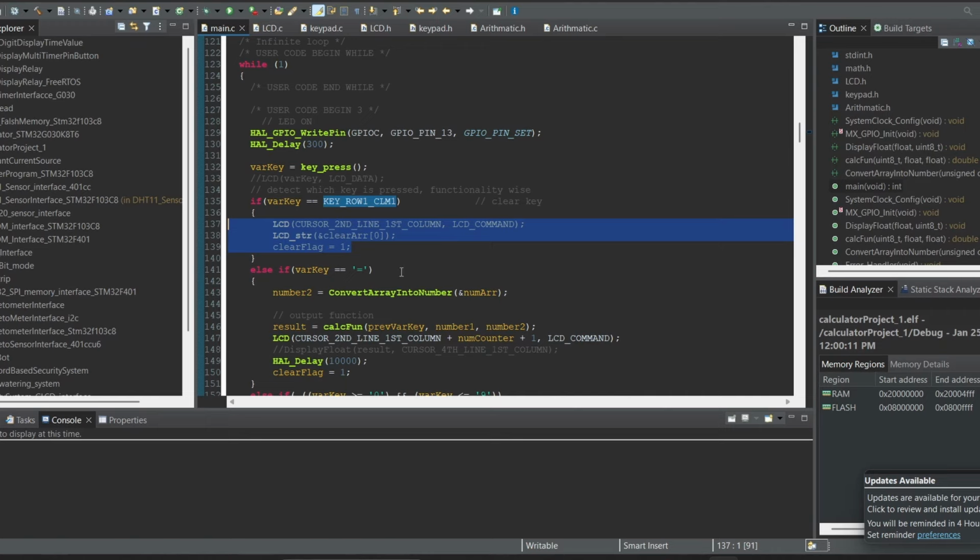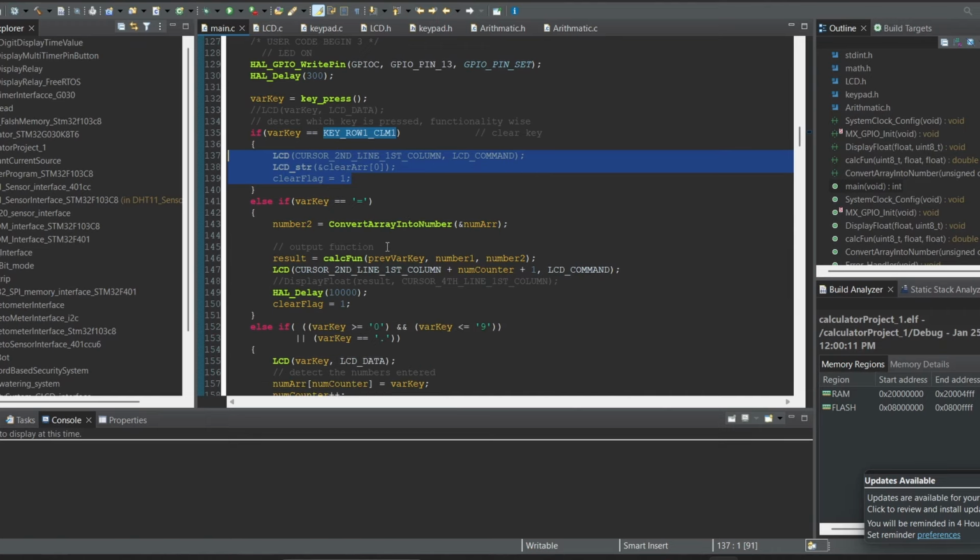The clear functionality will set the clear flag. The clear flag will clear everything: the num1 value stored, the stored number 1, the stored number 2, the result of the previous arithmetics, and the previous arithmetic key that has been entered. So it will clear everything.